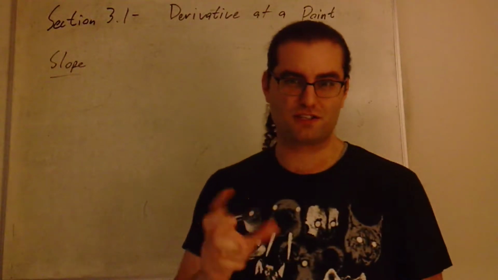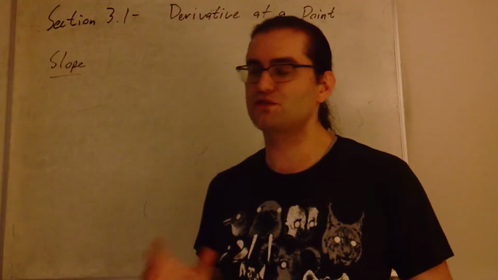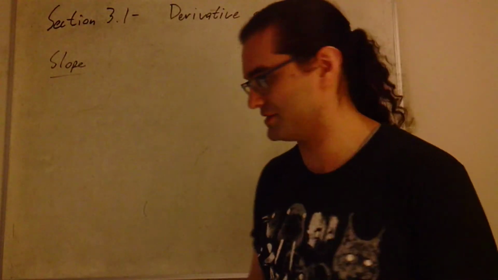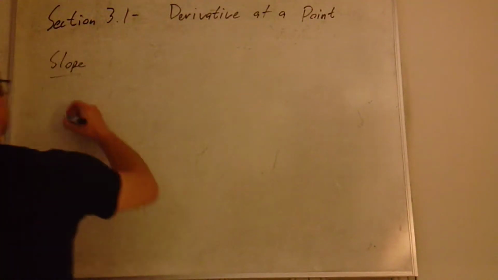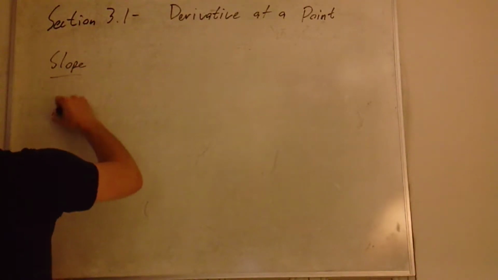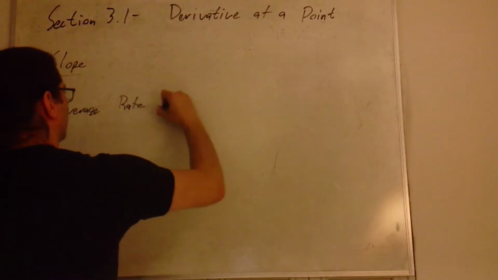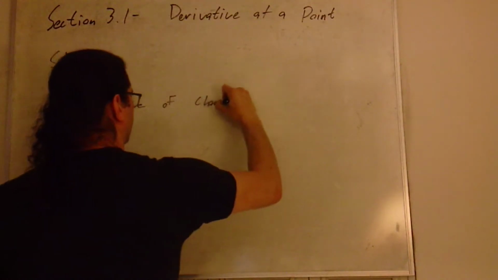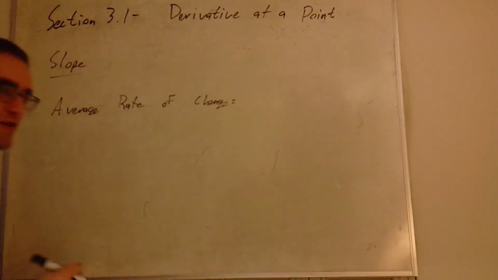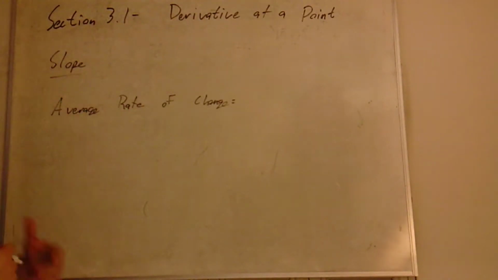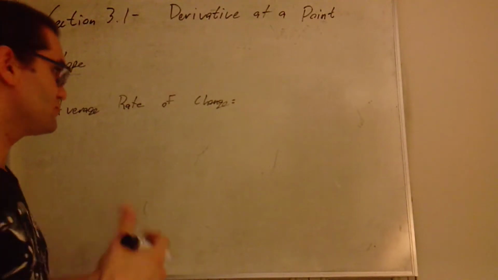We just have to switch the ways that we're talking about this. So let's, for now, talk about an average rate of change. The average rate of change basically means we're going to use this idea of slope and we're going to apply it to things that are not straight.